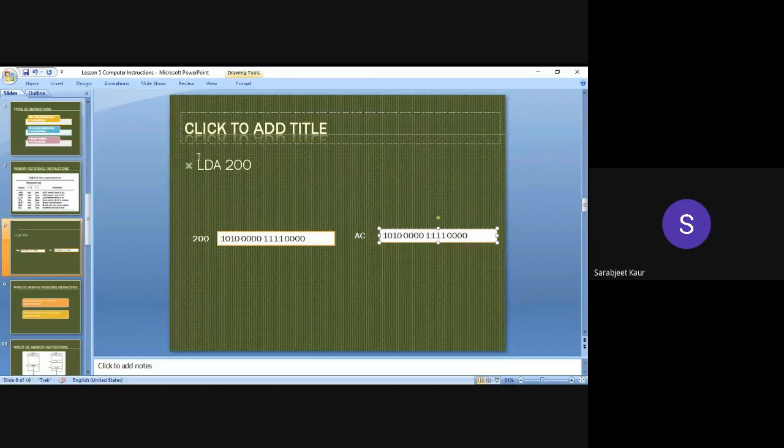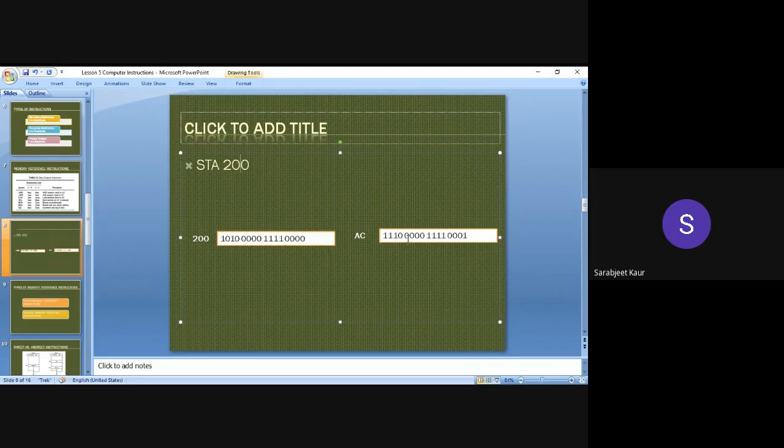Now the next instruction is STA. Let us see what that will do. Suppose my AC contained this, and obviously there is some content at location 200 already, right? STA 200 means store AC at address 200.